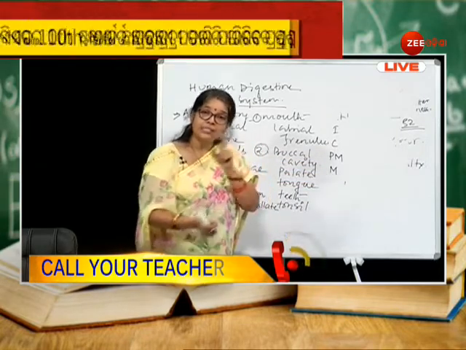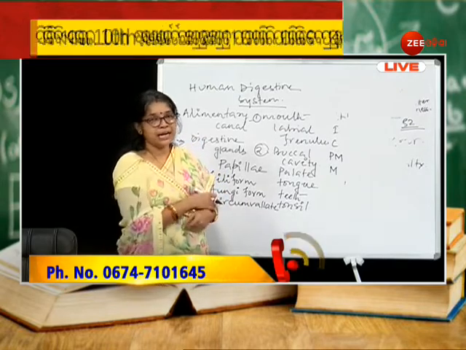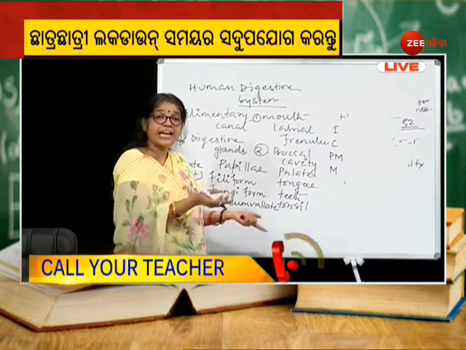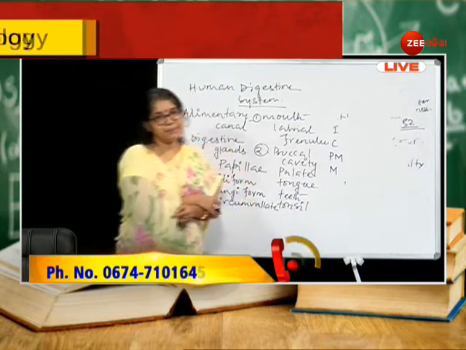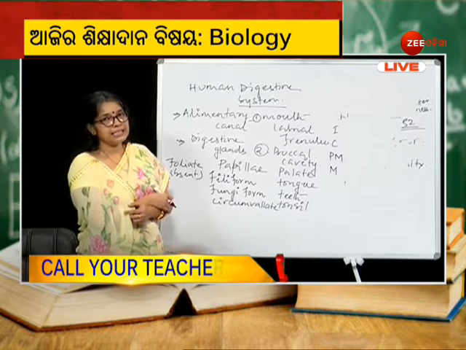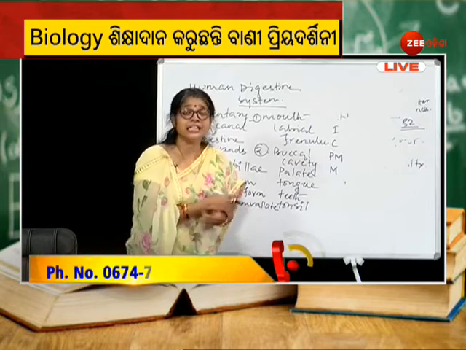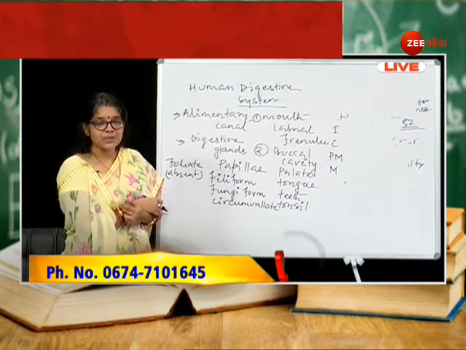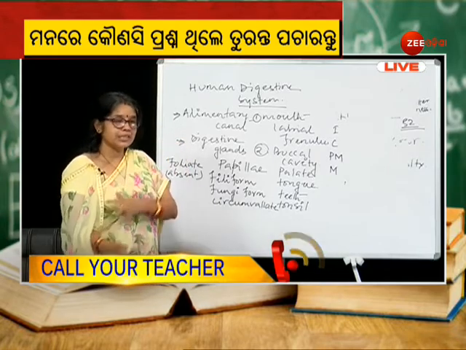Whereas in case of the second upper premolar and the lower premolar, there is again a single root. In case of upper molar, there are 3 roots, and in case of lower molars, there are 2 roots. So what is a root? Root is the attachment that attaches the teeth along with the jaw.